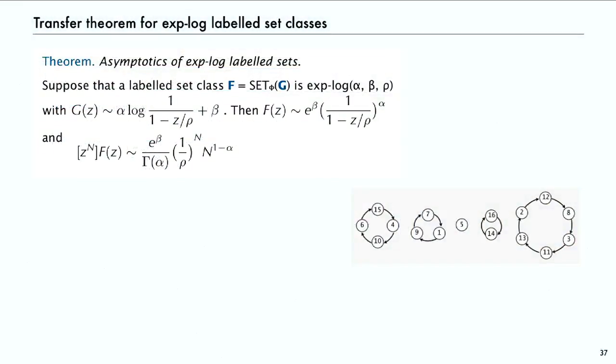And here's the transfer theorem for xlog labeled sets. So it's some kind of set, it's xlog with parameters alpha, beta, and rho. So that means that G is approximated with alpha log 1/(1 - z/rho) plus beta.